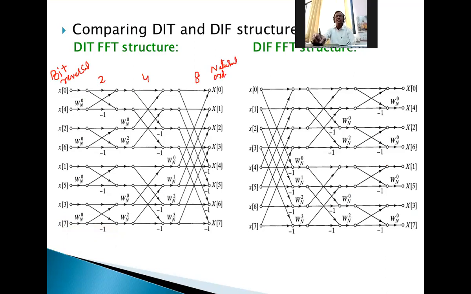As it is 2-point, we require 1 multiplier for 1 butterfly. As it is 4-point, we require 2 multipliers.